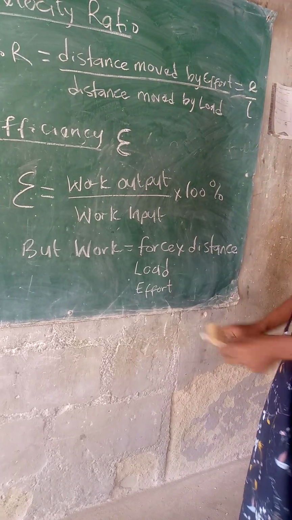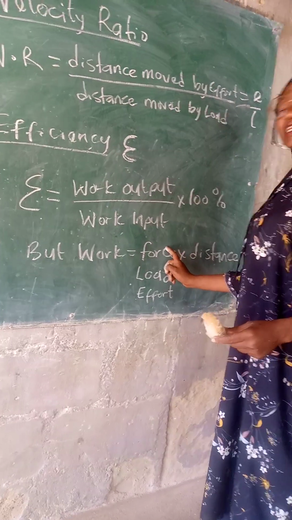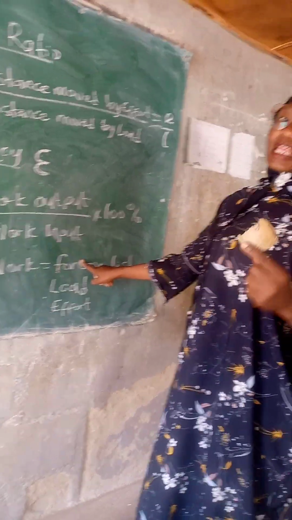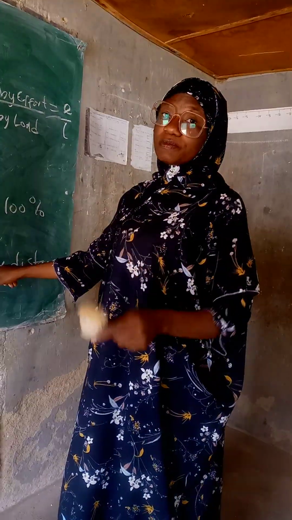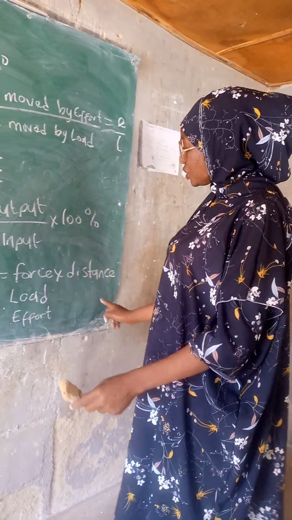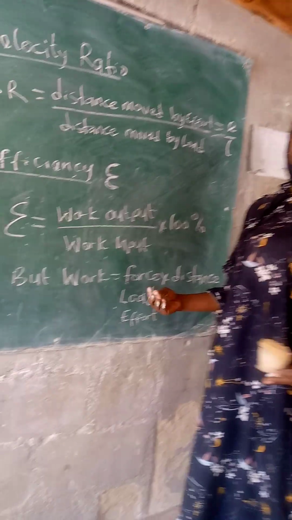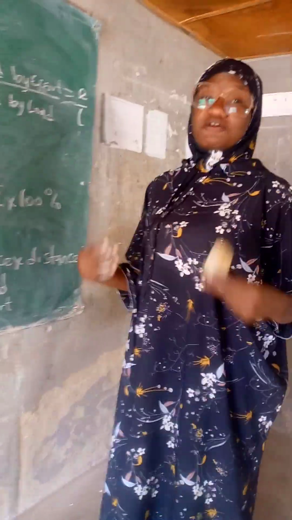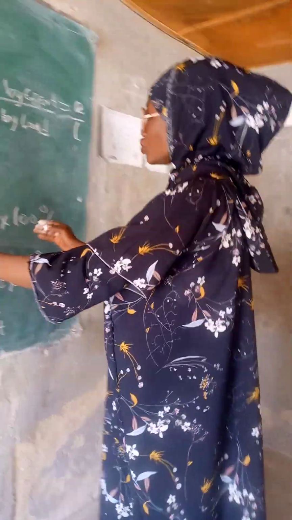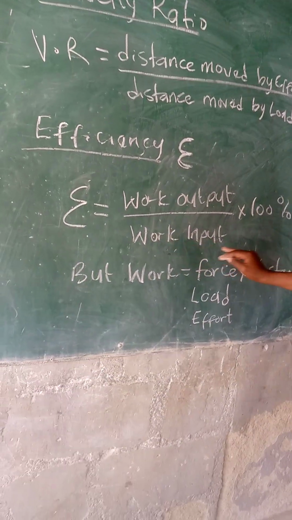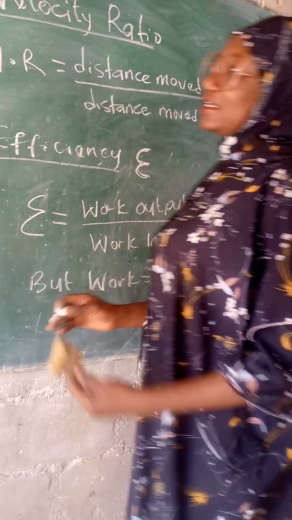Are you here? So now in machine, this force can either be measured in Newton or in kilogram. So if you see kilogram, you shouldn't be confused. In machine, we refer to load and effort as force. Sometimes you'll be seeing mass. We also regard mass as force. Okay, so now let's continue our derivation. Efficiency is work output all over work input times 100%.